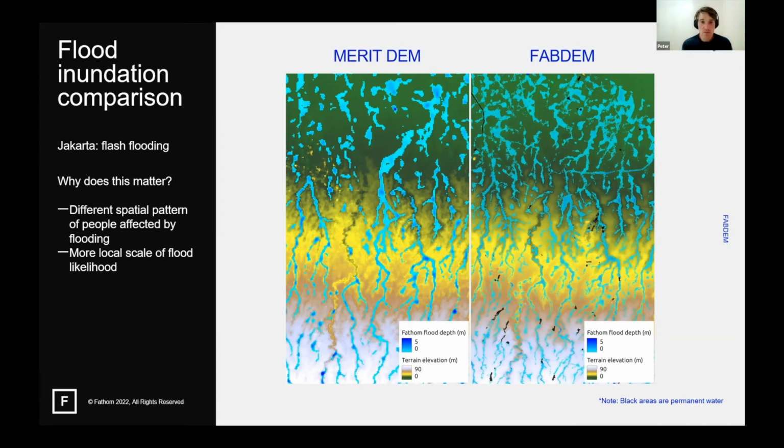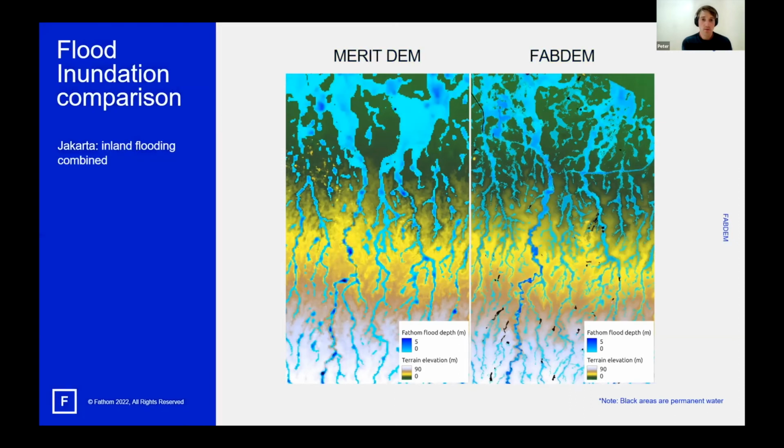So that's an interesting result we're seeing here with the improvement with FabDEM. Next slide. And for completeness, I've just included a slide here showing the combined total flood from the river flooding and the flash flooding. Next slide.